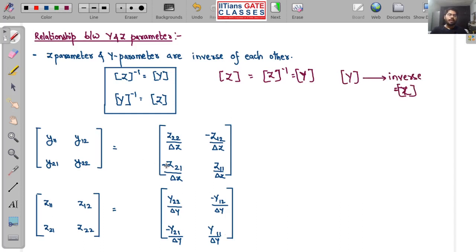So this is the very simple thing that I have written. So Y matrix is the inverse of Z matrix. Here del Z is the determinant of Z matrix, and del Y is equal to the determinant of Y matrix. Okay.